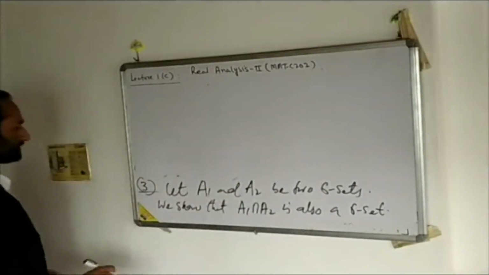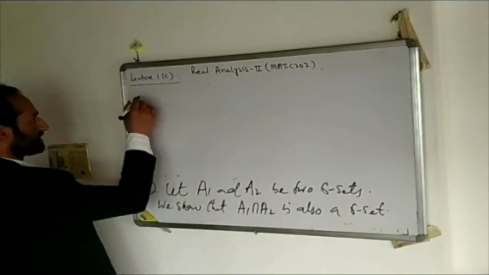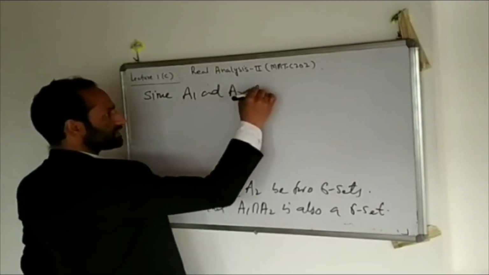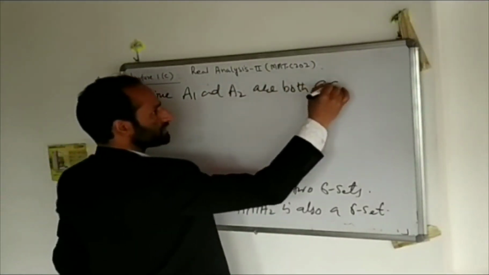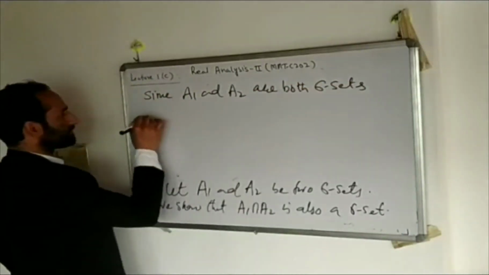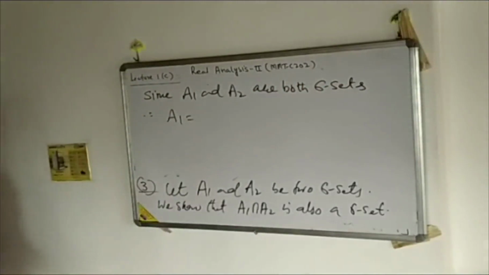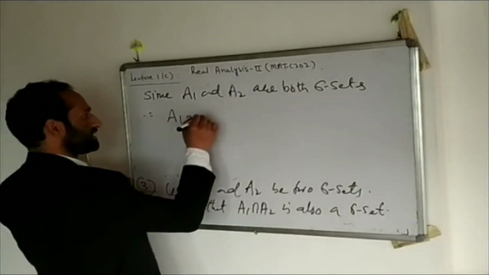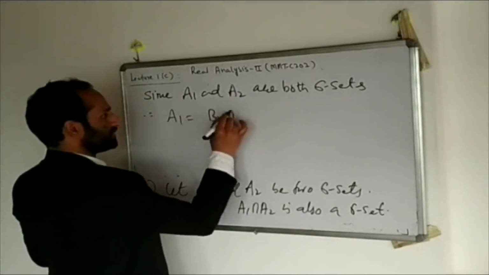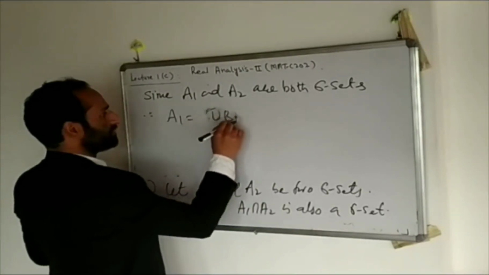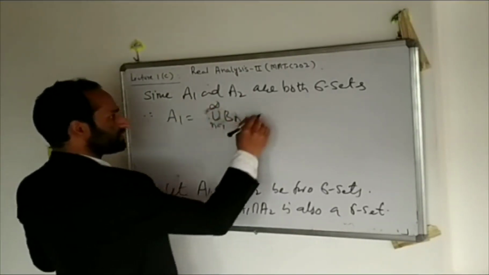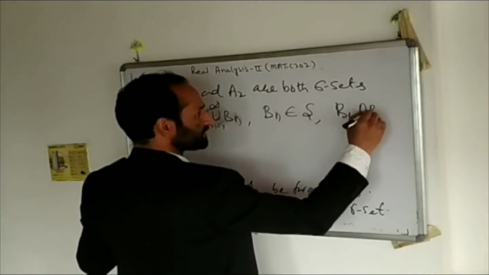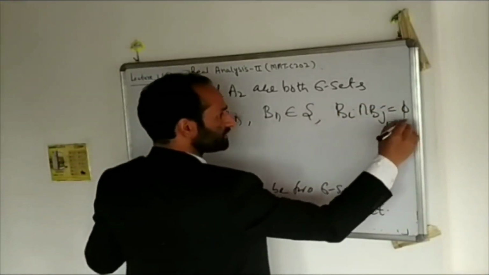Since A1 and A2 are both sigma sets, A1 can be written as a countable and disjoint union of members of S. So A1 can be written as the union of Bn, n running from 1 to infinity, where the Bn's are members of S and they are also disjoint: Bi intersection Bj is phi, i not equal to j.